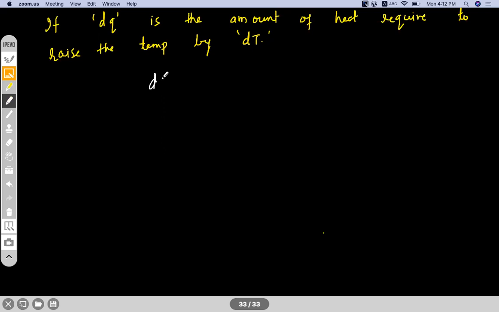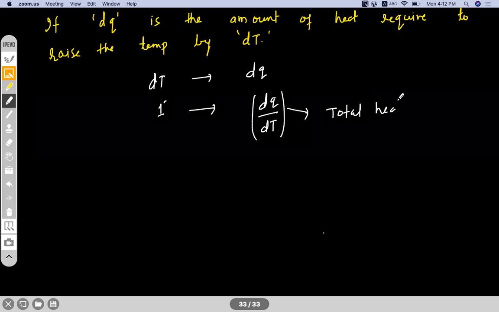So to change the temperature by dT, the amount of heat required is dq. If a 1 degree change is required, then the amount of heat required is dq by dT. So this is the total heat capacity. By definition, it is the amount of heat required for a 1 degree rise in temperature.